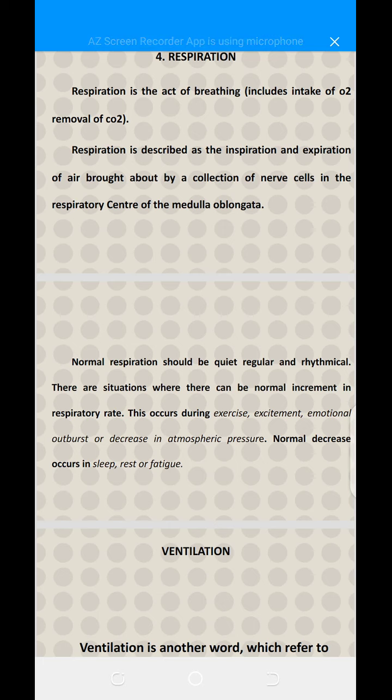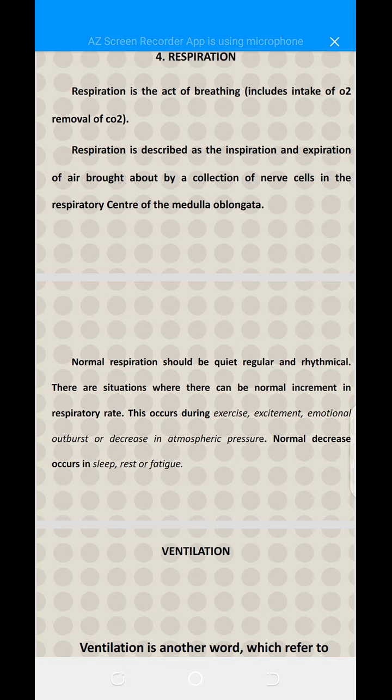But it is ideal that the quantity of the air to be inhaled should contain the allowable percentage of oxygen in it. If the amount of oxygen to be inhaled is very low, it will lead to a problem.